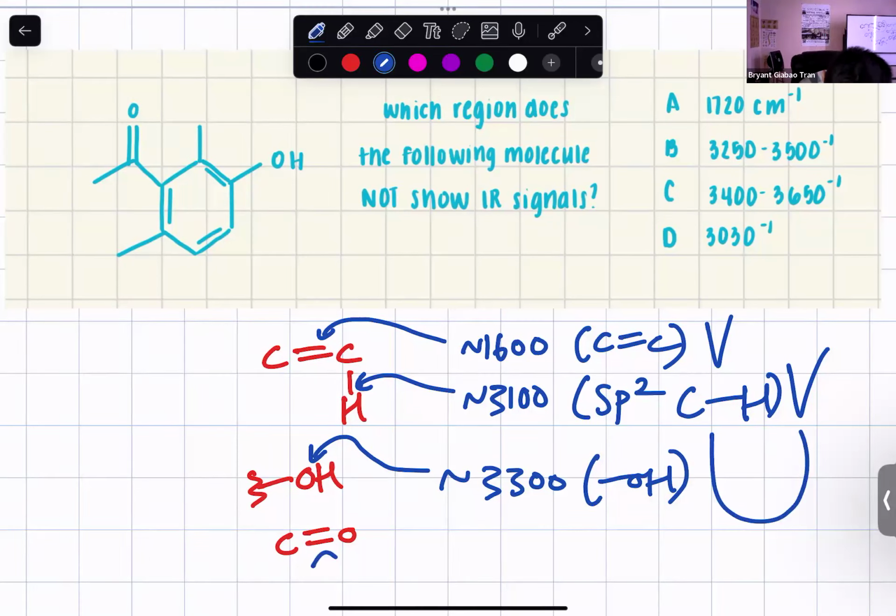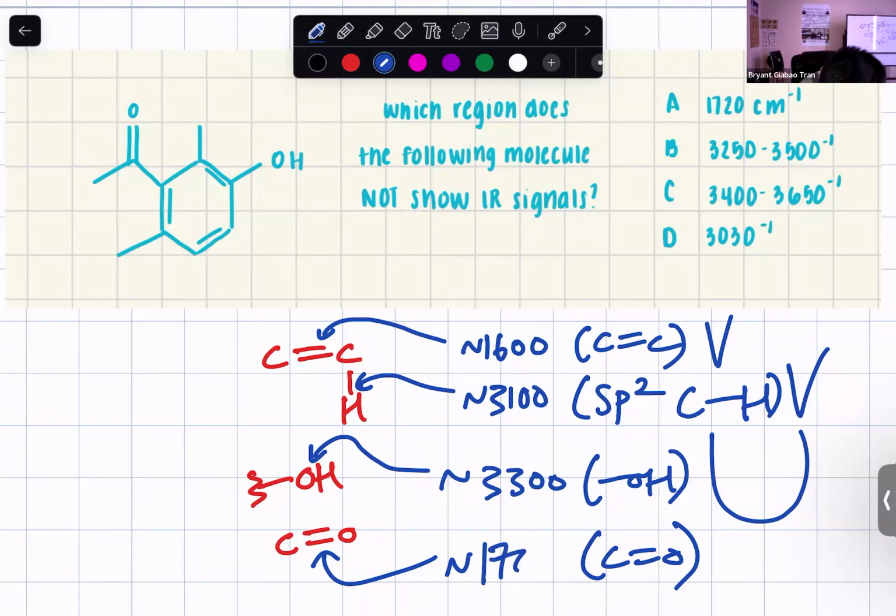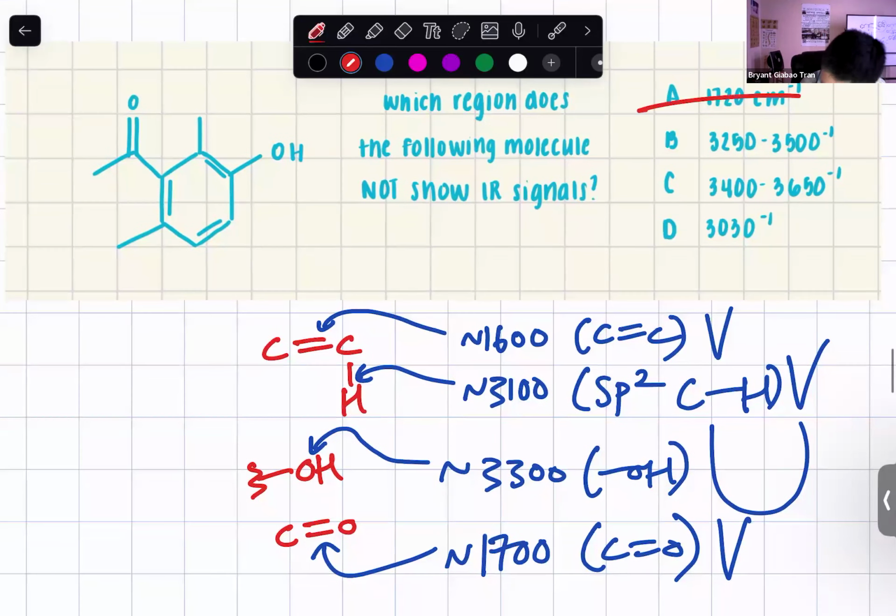What about this carbonyl here, carbon double bond oxygen? That would be around 1700 as a sharp peak. So we could cross out A because A is around 1700. We could cross out B because that's around 3300.